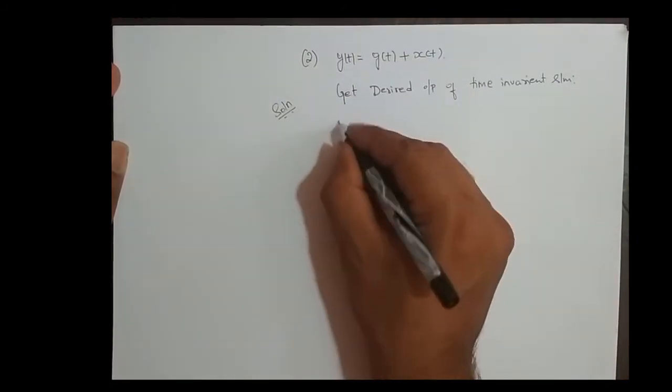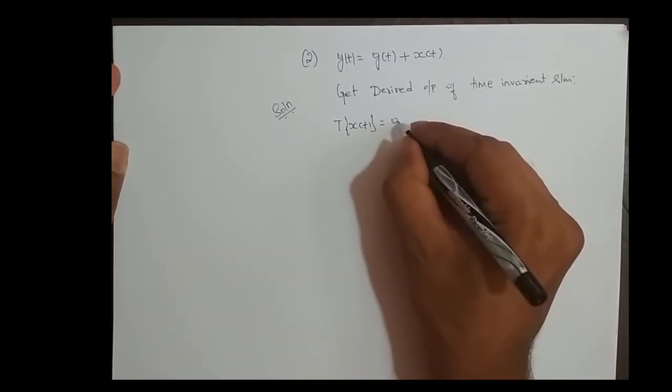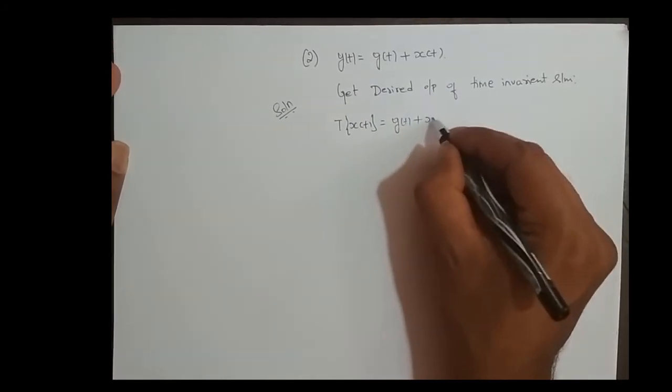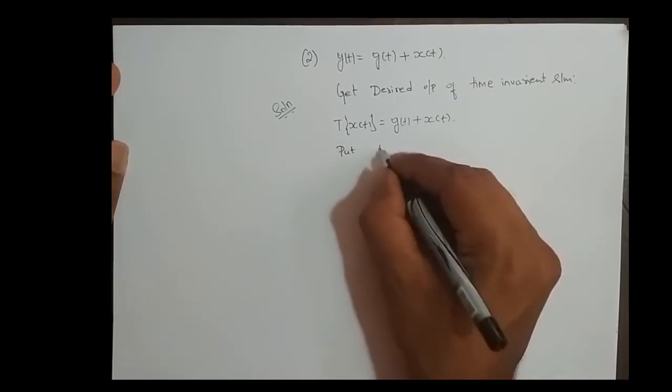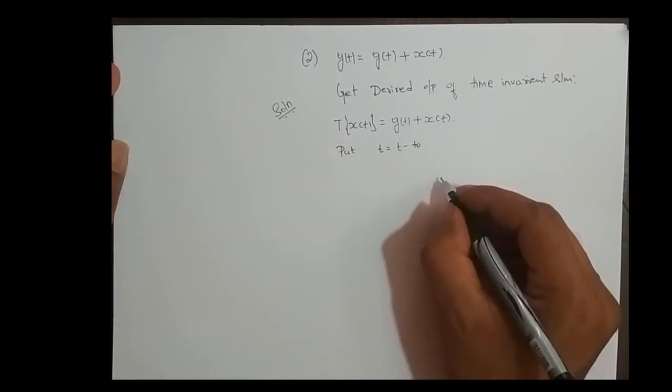So we can write this system as transformation of x of t is equal to y of t, and what is y of t? g of t plus x of t. So what do we do? Put t is equal to t minus t naught. So wherever t is there, you put t minus t naught.